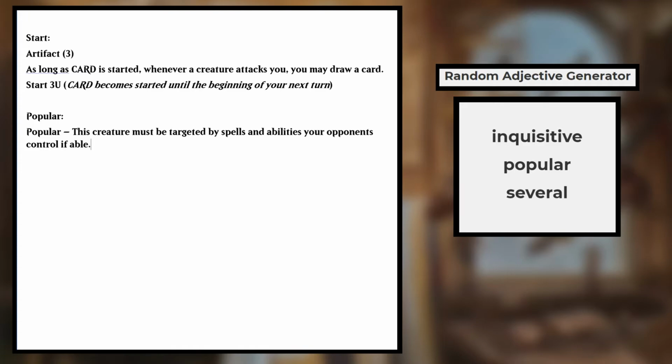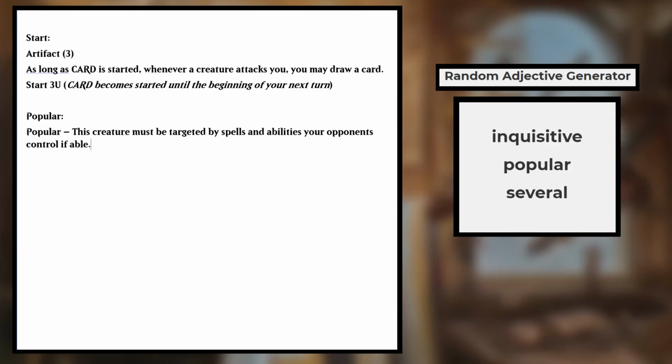I don't know if there's a really good comparison here, but it's kind of like having a creature to defend you from spells. Now, if a spell only targets players, well, then this isn't going to do anything. And also if it has multiple targets, only one of the targets has to be this thing. So I think this is an interesting mechanic.